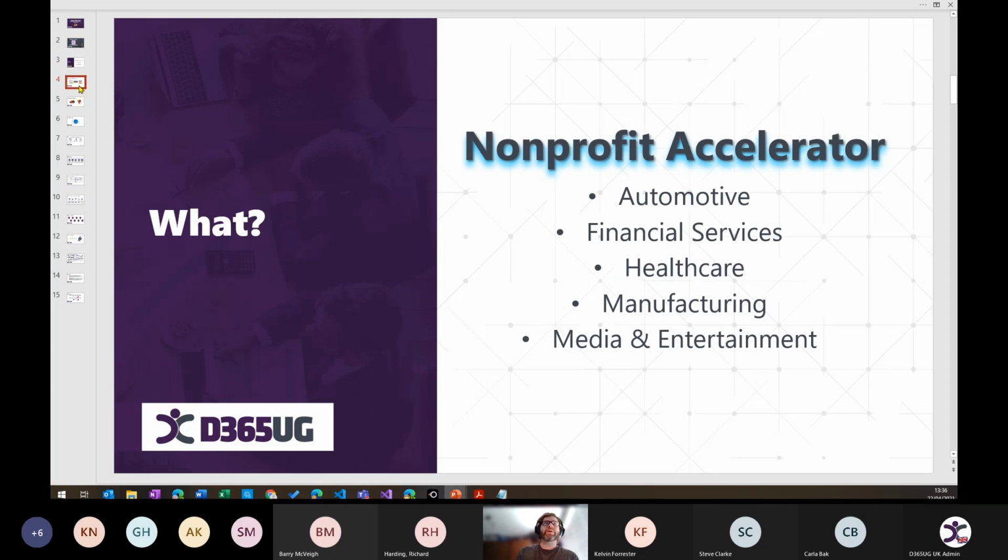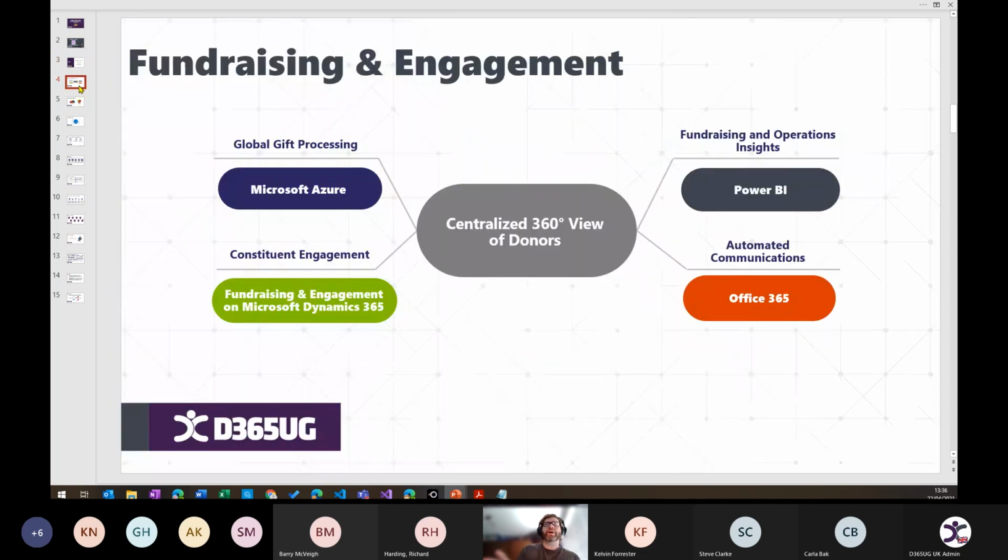The other aspect I wanted to talk about today was something called the Fundraising and Engagement module. This is another piece of kit that Microsoft have spun up specifically in the non-profit area. This is more of a product, so it does some actual functionality within Dynamics 365.